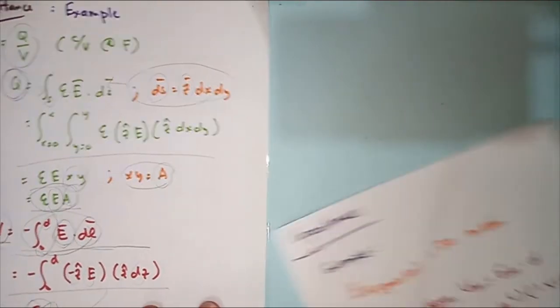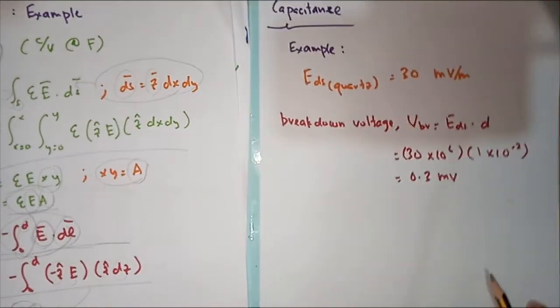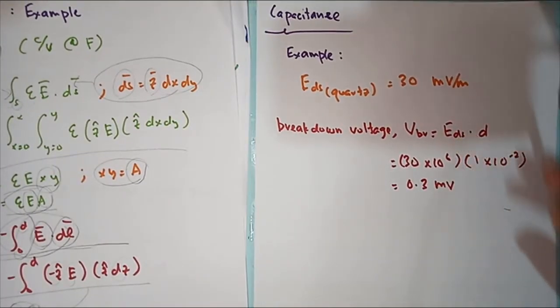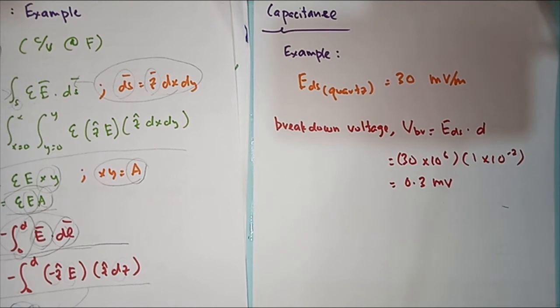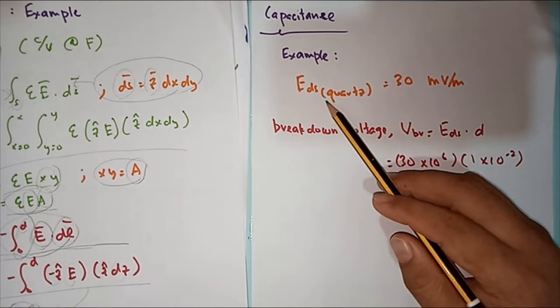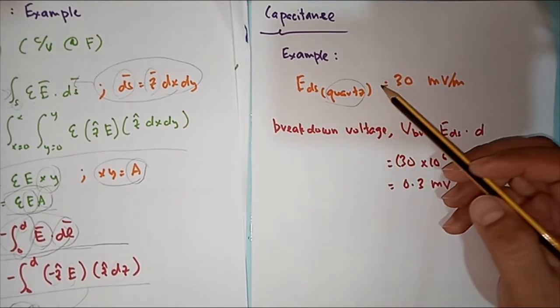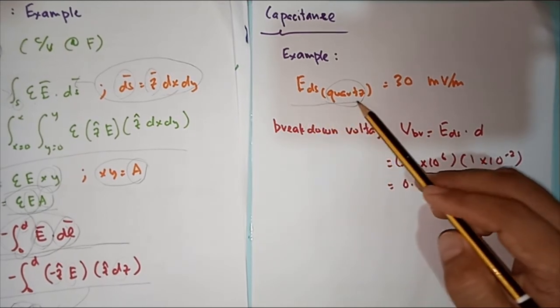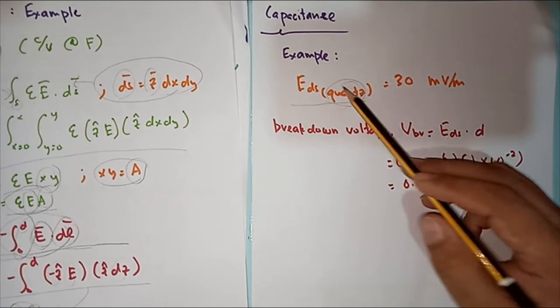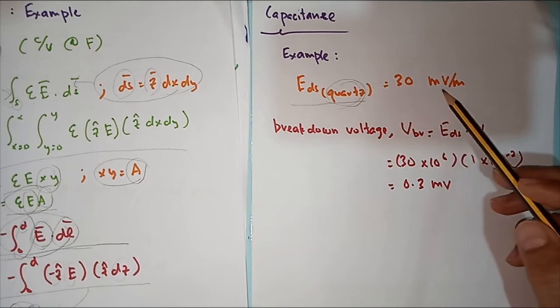For the second equation, we need to find the breakdown voltage for our capacitor. Let's say the dielectric material we use this time is quartz, and the breakdown field for quartz is equal to 30 megavolt per meter.